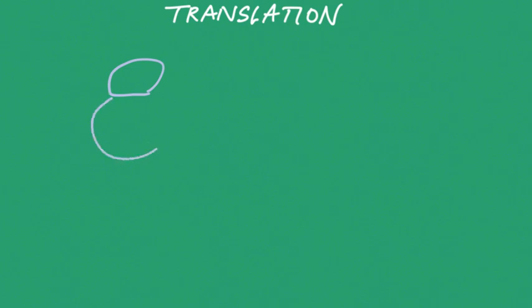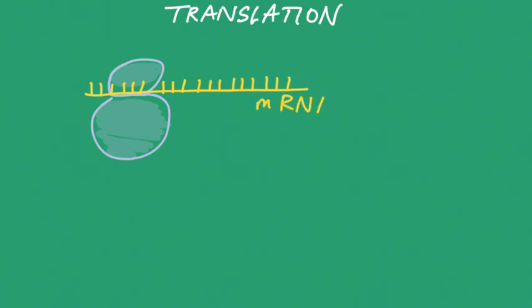The first step in translation begins with the ribosome holding the mRNA in place. There's the ribosome, and here's the mRNA with its codons. There is yet another type of RNA, and we call it the transfer RNA or tRNA. tRNA has 2 ends.